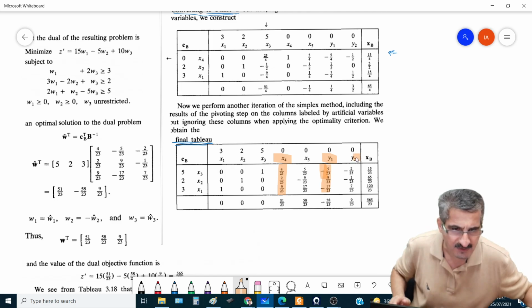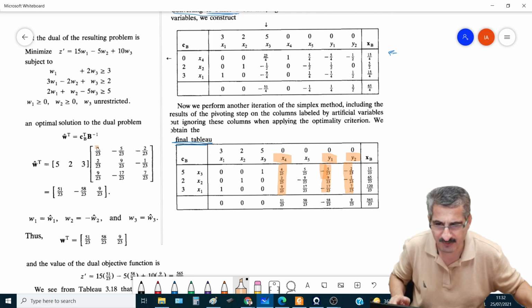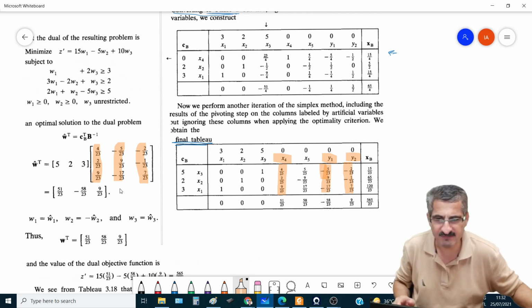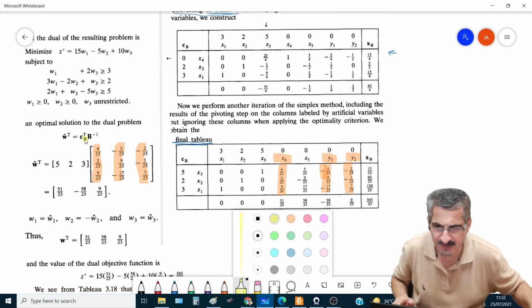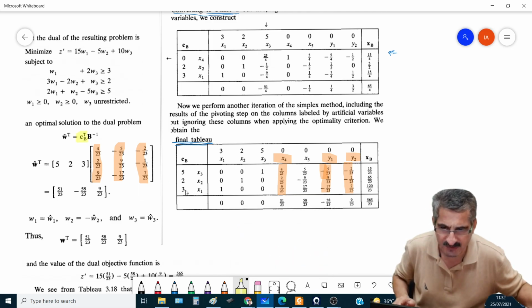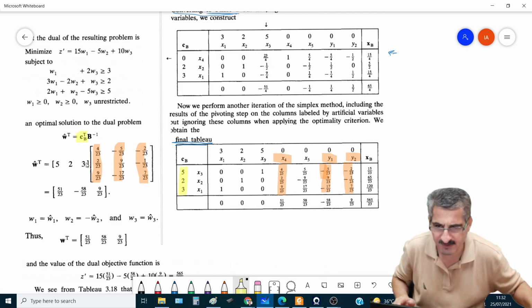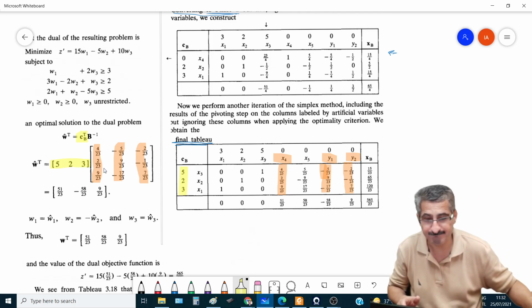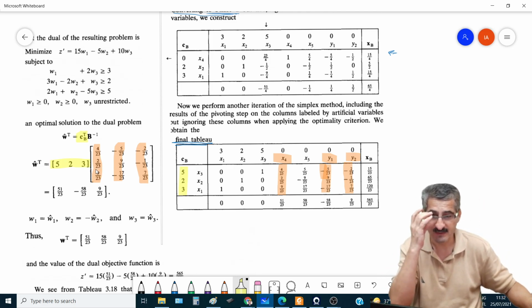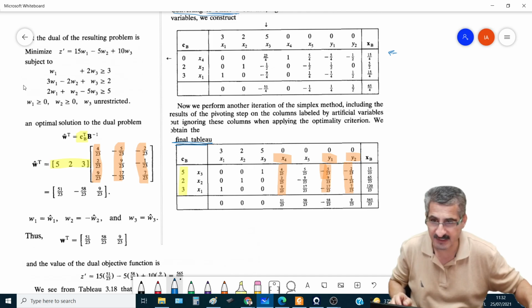And y2, we will take that. And here we go. This is B inverse. And just to distinguish things, this is what? CB. Multiply, we get the solution of the dual problem. Congratulations. And the dual problem is here. I copy it here again.